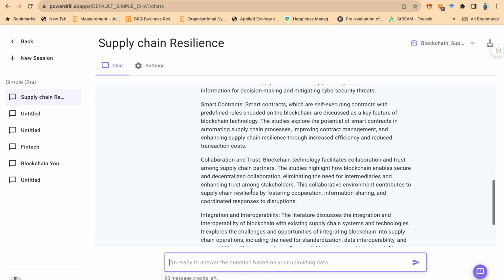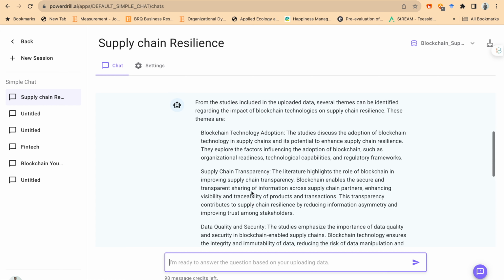Excellent. Now you can see that this prompt is giving us a clear idea of different themes which are available within the existing body of knowledge, which I have extracted from that Microsoft Excel sheet. The first is blockchain adoption, and the system is also giving some description of how this theme was developed and the key idea of that theme. That will give you a clear understanding of each theme.